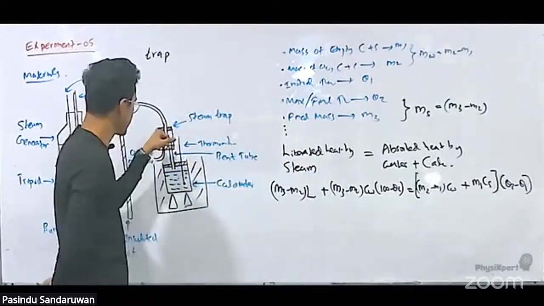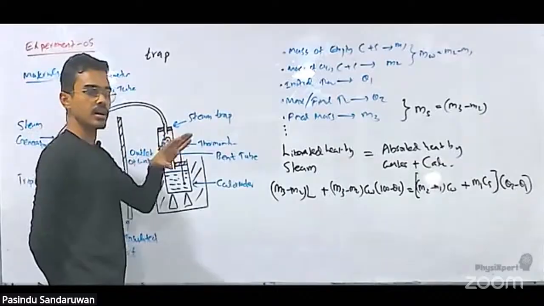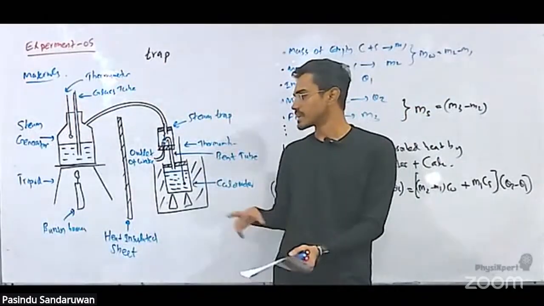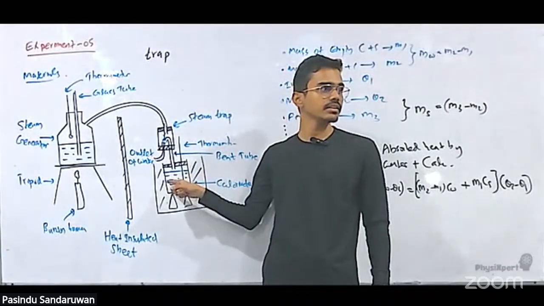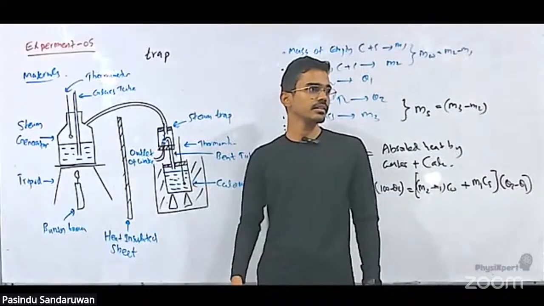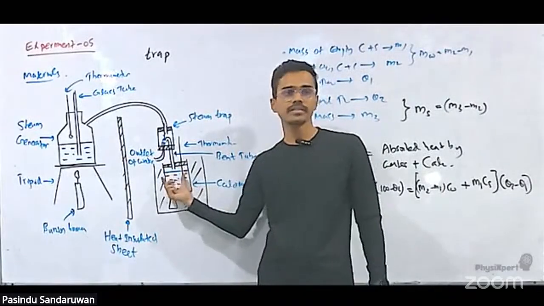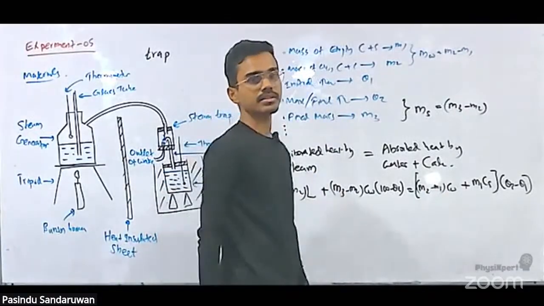Steam goes upward, so it is difficult for this steam to go downward through this. Even if it goes out, it doesn't matter, because what I need is the collected mass of steam into this only. Whatever went out doesn't matter; I only need what came inside for the calculation here, right? Doesn't matter.